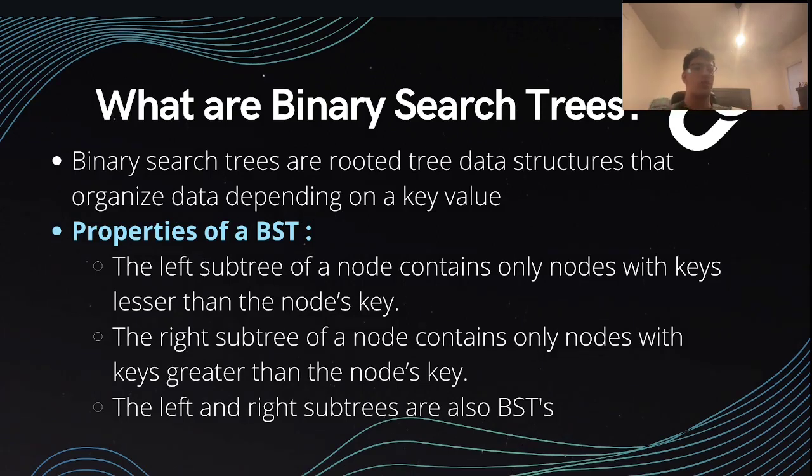Binary search trees are rooted tree data structures that organize data depending on a key value. So what does that mean? BSTs are linked data structures that are represented as a head or a root in the data structure, and every other value or key is linked to them using a left and a right.